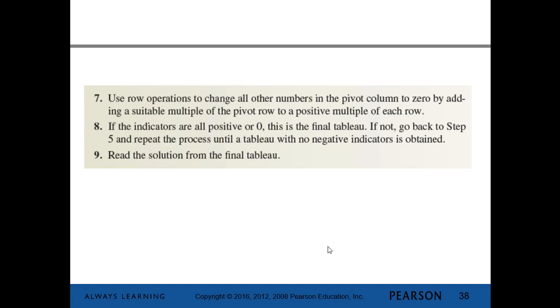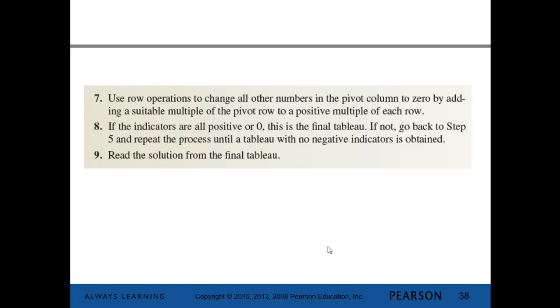And then 7, use elementary row operations to change all of the numbers in the pivot column to 0 by adding a suitable multiple of the pivot row to a positive multiple of each row. Remember, we're not taking any negative multiples of the pivot row.